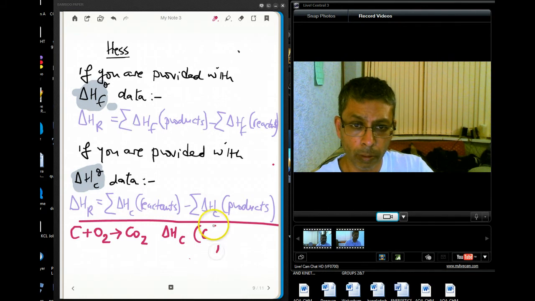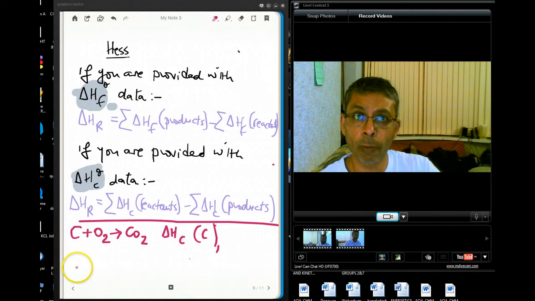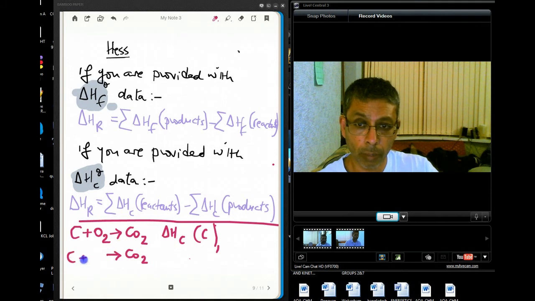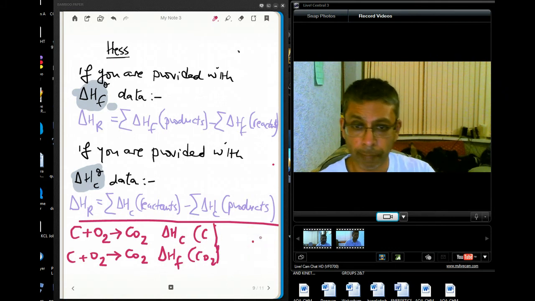Then if I was to ask you to write down the heat of formation of carbon dioxide, think about that: you're making it from its elements, carbon plus oxygen. You notice that these two changes are exactly the same.